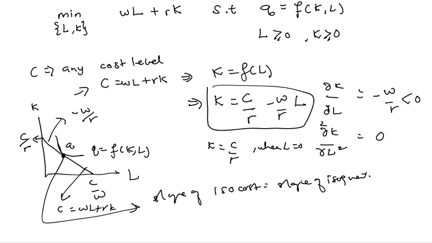And the slope of the isocost, we know it already, minus W over R. It is minus because it is downsloping. The slope of the isoquant is MRTS. This is the simplest way to explain the cost minimization problem using two inputs.